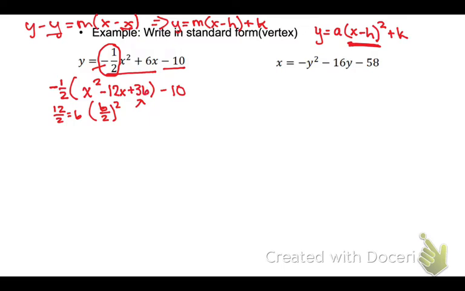Now, we know we can do anything we want to an equation as long as we balance it out, yes? So whatever I put in, I have to put out. Well, we factored out a negative 1/2, didn't we? Okay, so we added 36 here. We're going to have to subtract 36, but this negative 1/2 is in front of this parenthesis, isn't it?